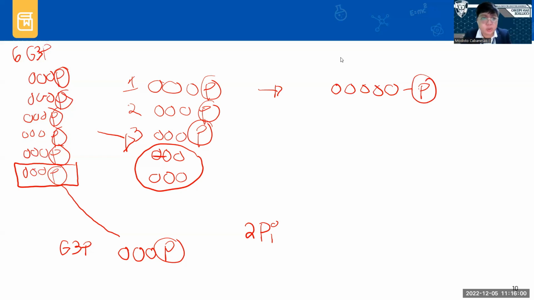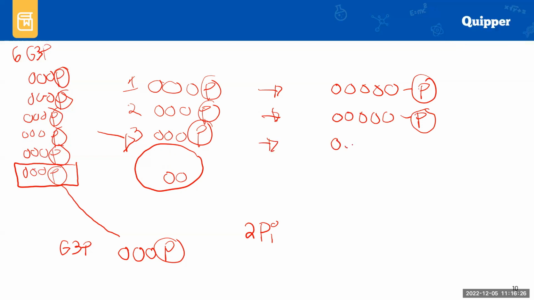Okay? So, 2 na yung nawala. So, we only now have 4. So, we will remove again 2. I-add natin dun sa second molecule. So, this will now become this. And of course, we have 2 left. So, it will be added dun sa third. Ayan.